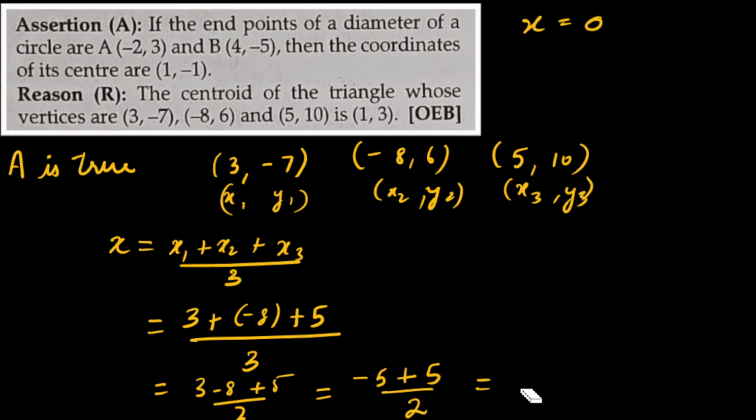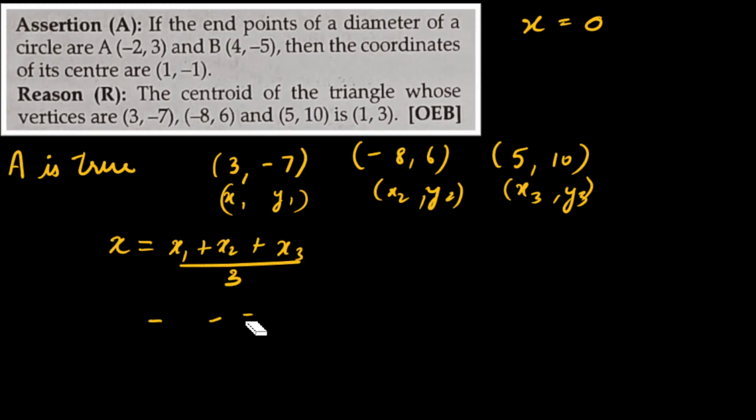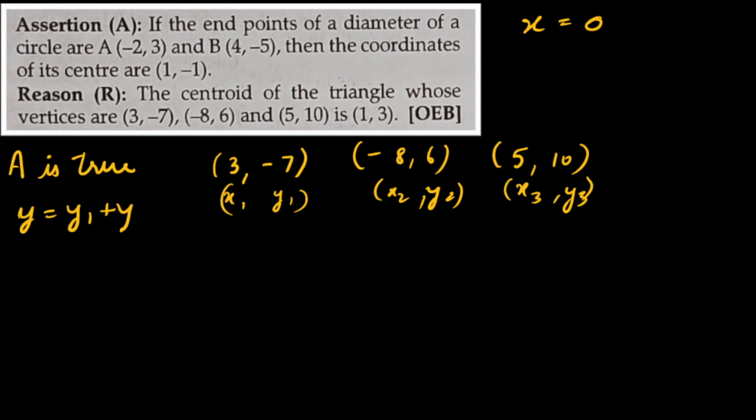Let us now find the y value. The y formula is the same as x. y is equal to (y1 plus y2 plus y3) by 3. y1 is -7, plus 6, plus 10, by 3.